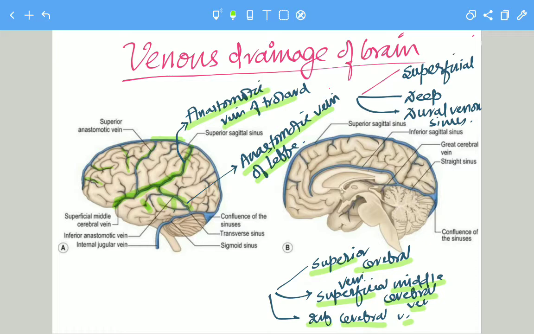Now next we are going to discuss the deep veins. The deep cerebral veins drain the internal structures of the forebrain.